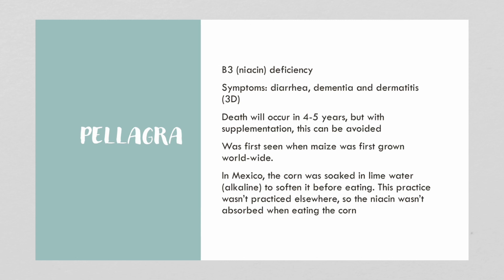It would make it softer and easier to eat. This practice wasn't used elsewhere. So the maize was taken, but that practice of soaking before eating wasn't adopted. Then the niacin wasn't absorbed when eating the corn, because without that process, the corn wasn't releasing the niacin and making it readily absorbed.